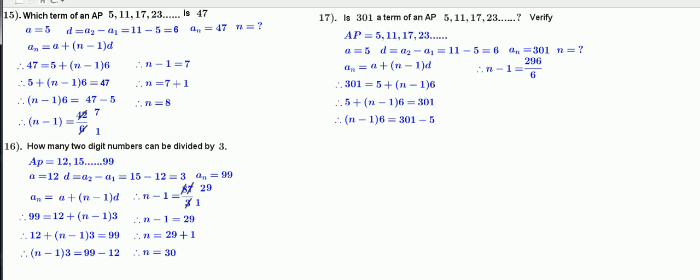Therefore, n minus 1 equal to 296 by 6. N equal to 296 by 6 plus 1. That is, n is not a natural number. Therefore, 301 does not belong to 5, 11, 17, 23, etc.